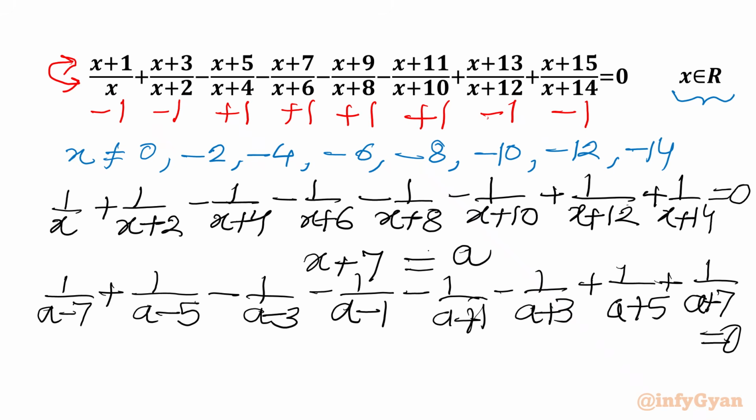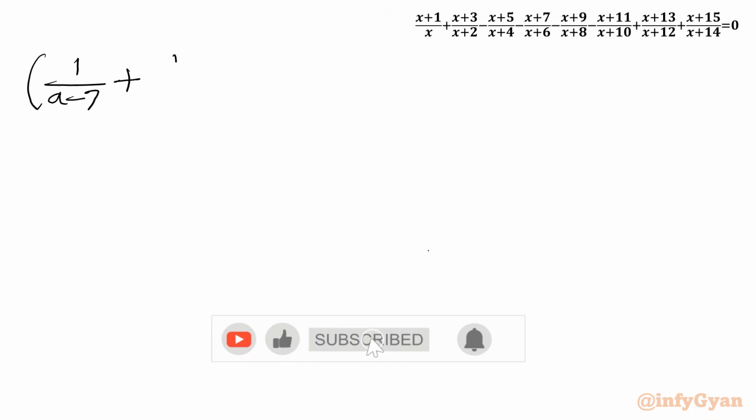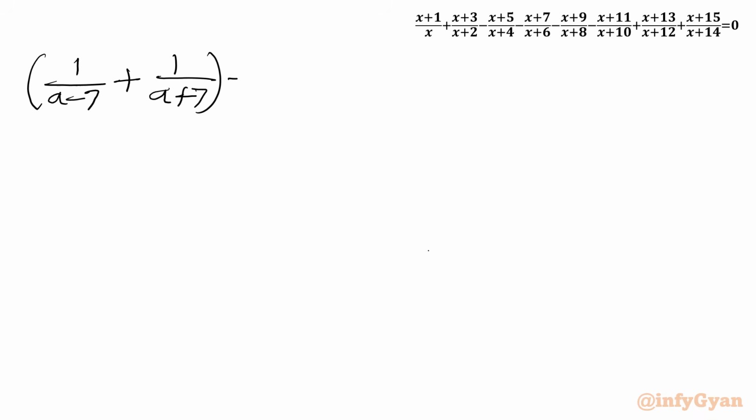Now we will club the first and last term together, the second and second last term together, the third and third last term together, and the fourth and fourth last term together. We will get 1 over a minus 7 plus 1 over a plus 7 plus 1 over a minus 5 plus 1 over a plus 5.